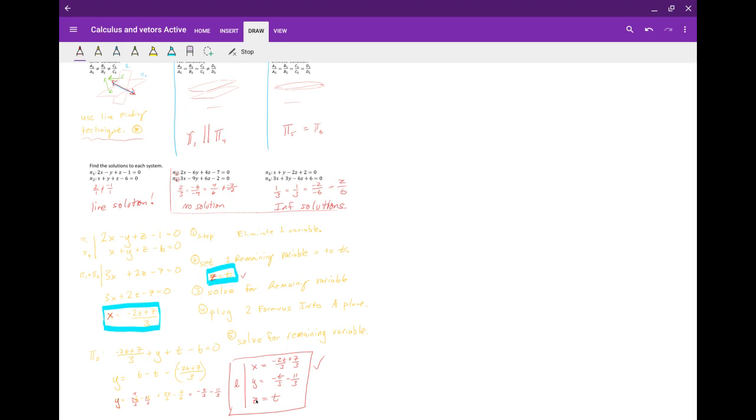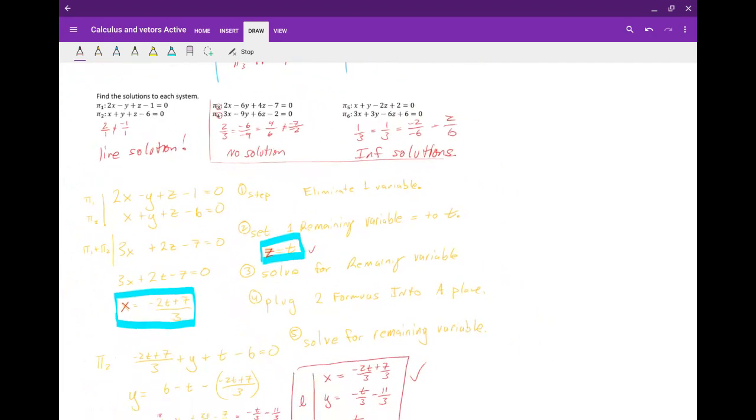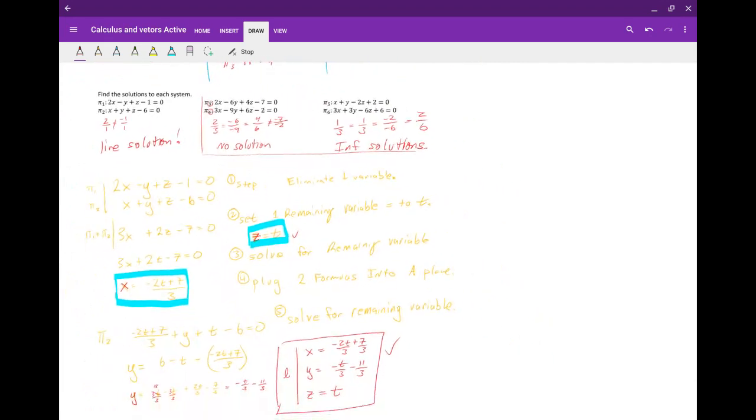Now, if you plug this into both of these planes, you would find that you get an infinite number of solutions. That's kind of cool. How would you plug it in? Take this line and plug it into plane 1, for example.